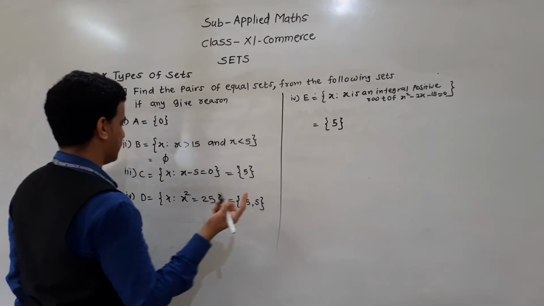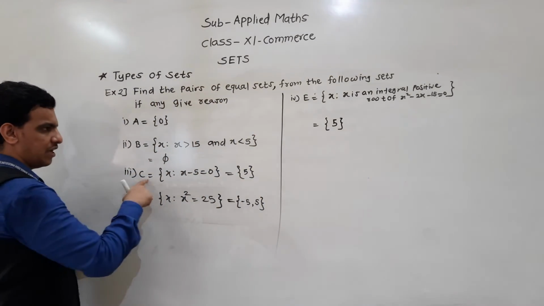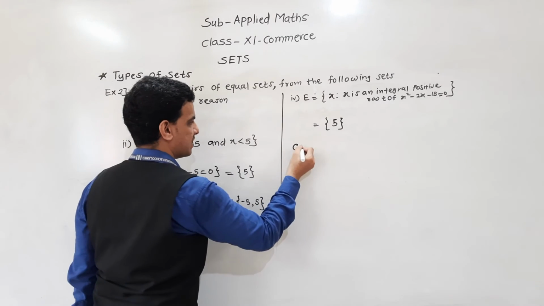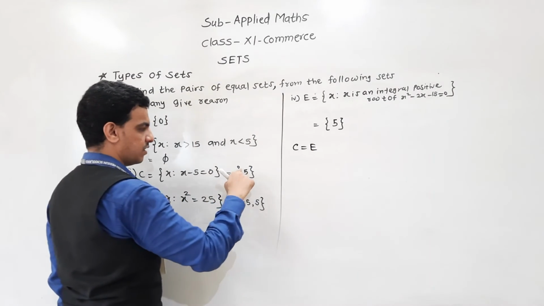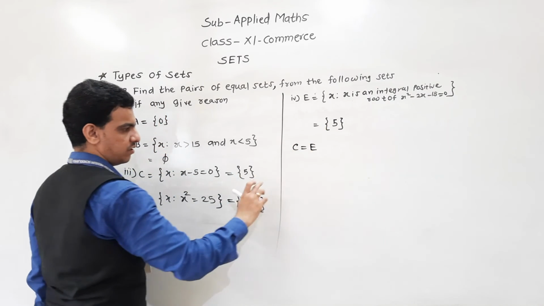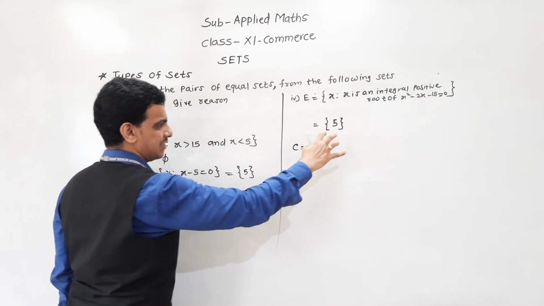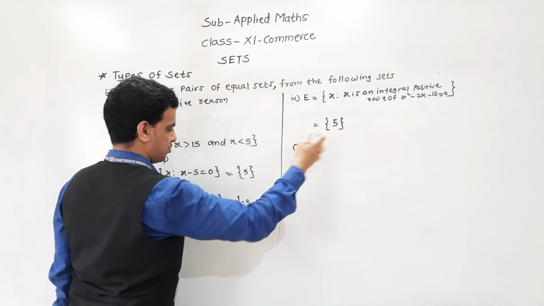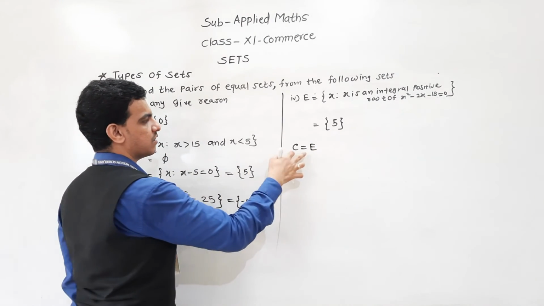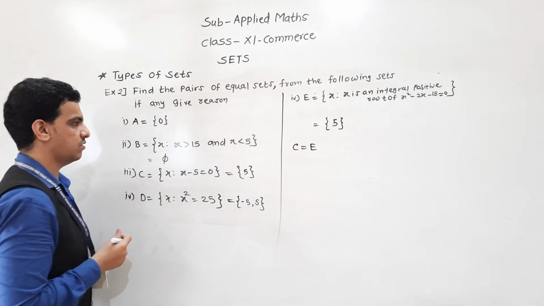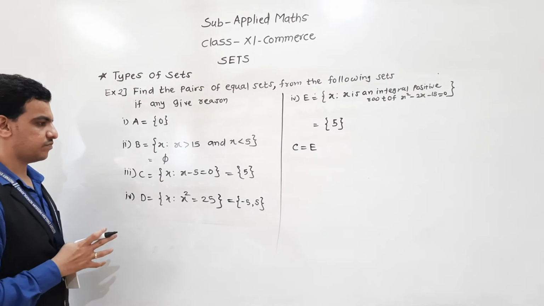Okay. If we observe this, C and E are equal sets because in these two sets the elements are the same. The element in set C is 5, and in set E that is also 5. So only C and E are equal sets. Understand this?